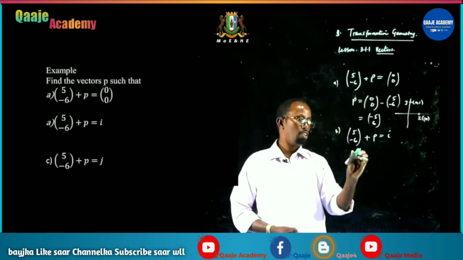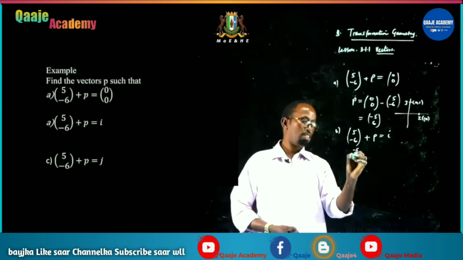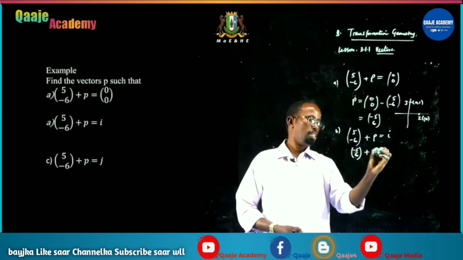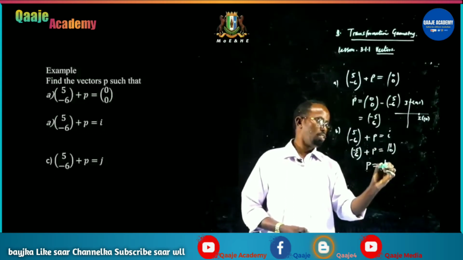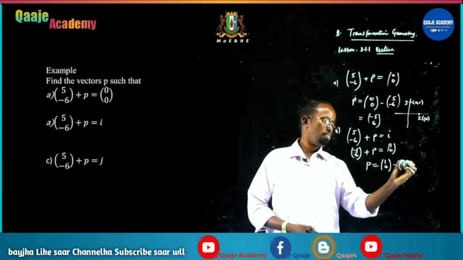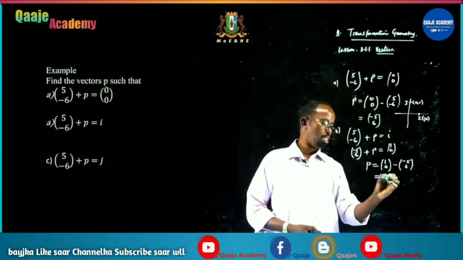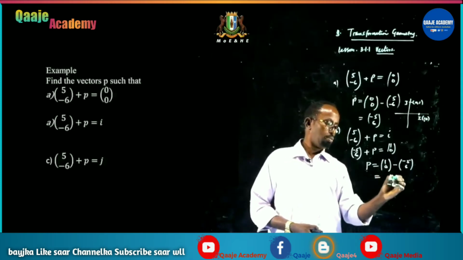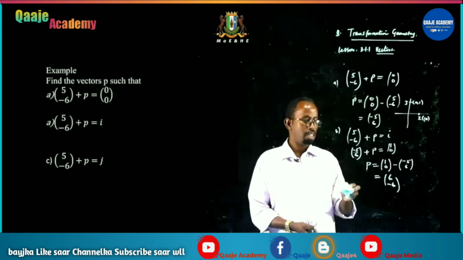So instead of I, you put (1, 0), and you have (5, -6) plus P is equal to (1, 0), and therefore P will be equal to (1, 0) minus (5, -6). You get 1 minus 5, which is -4, and 0 minus -6 becomes +6. So that is for B.